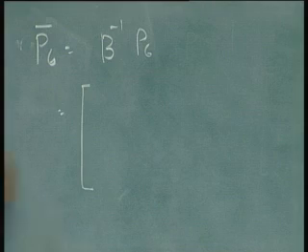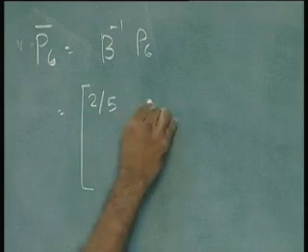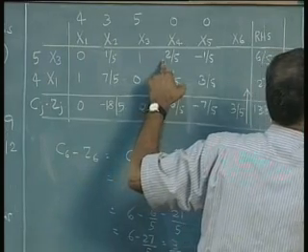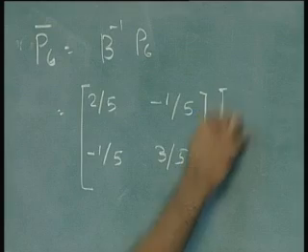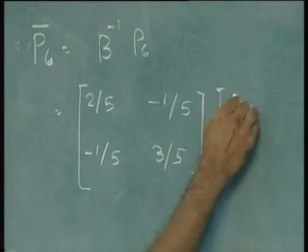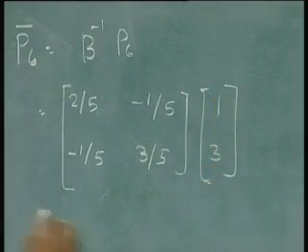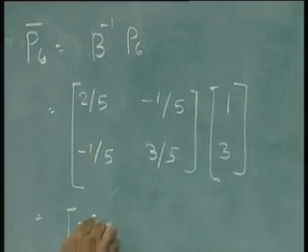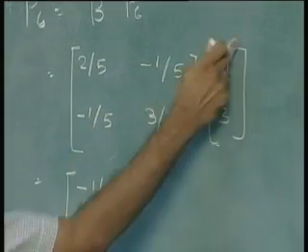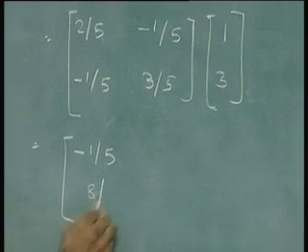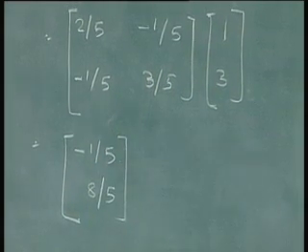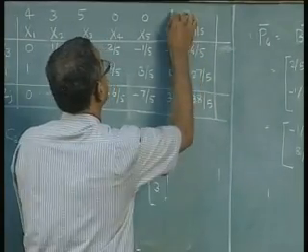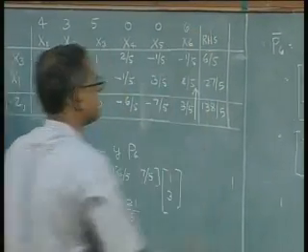So B inverse is 2 by 5, minus 1 by 5, minus 1 by 5, 3 by 5, into P6, which is 1 and 3. So you get 2 by 5 minus 3 by 5, which is minus 1 by 5, and minus 1 by 5 plus 9 by 5, which is 8 by 5. So you get minus 1 by 5, 8 by 5.